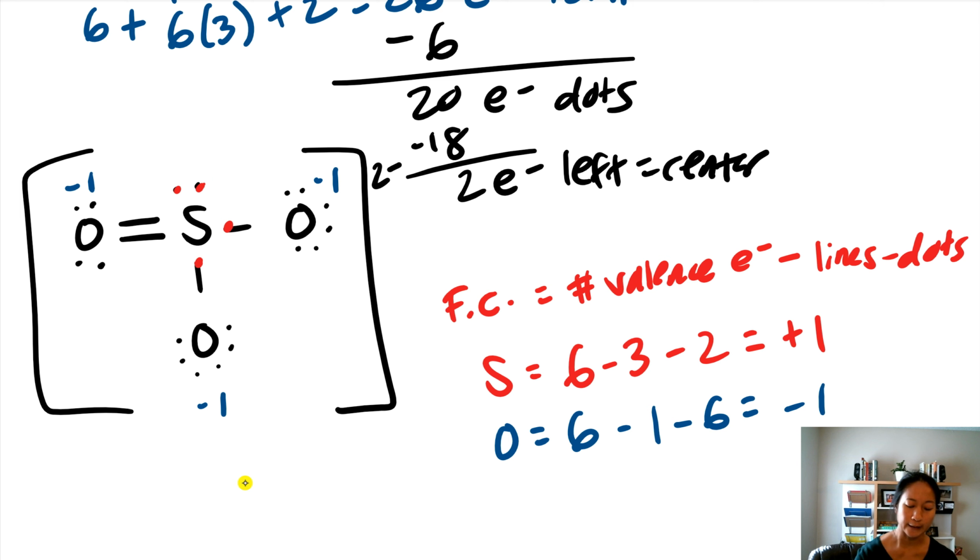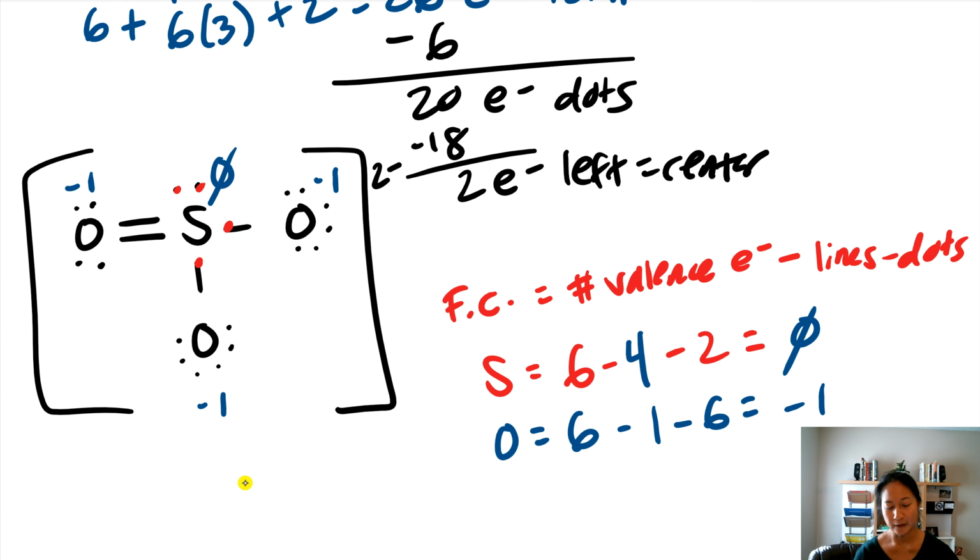So sulfur now, 6 minus 1, 2, 3, 4 lines and 2 dots. Oh, look at that. Sulfur now has a formal charge of 0.